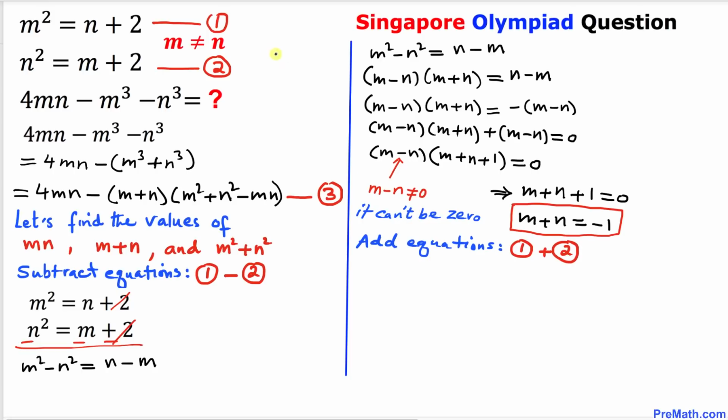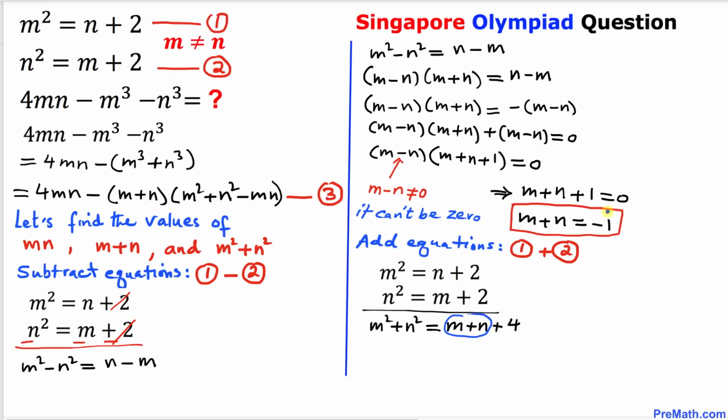And here's our next step. Let's add equations 1 and 2. Here are our equations 1 and 2. Let's add them up. When we add these up, we get m² + n² = m + n + 4, since 2 + 2 is 4. Now we know that m + n in our case is −1, so we replace it by −1.